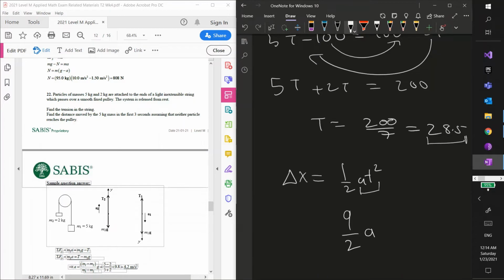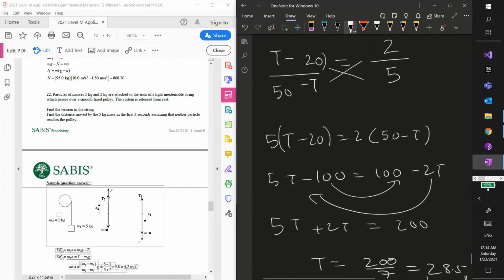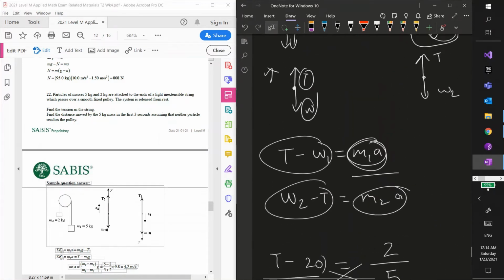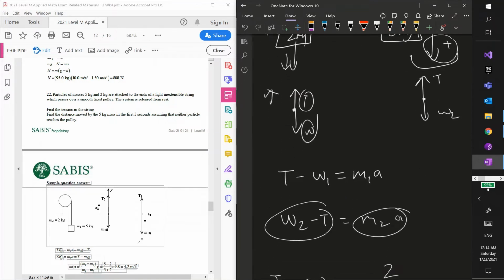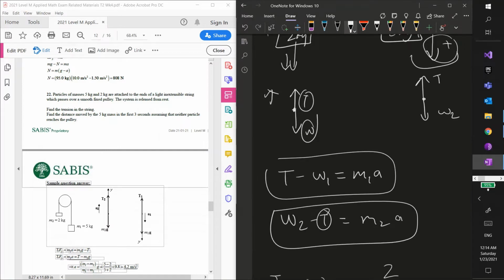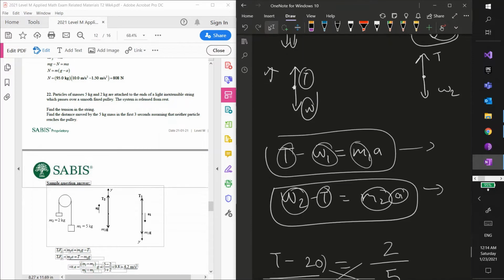But how do you find the acceleration? Let's go back to this equation. We have this equation and we have this equation. We found T, and we have W2 and we have m2, so we can find a. Same thing here. You have W1, you have m1, you have T, you can find the acceleration. Doesn't matter which equation you use, you'll still get the same answer.